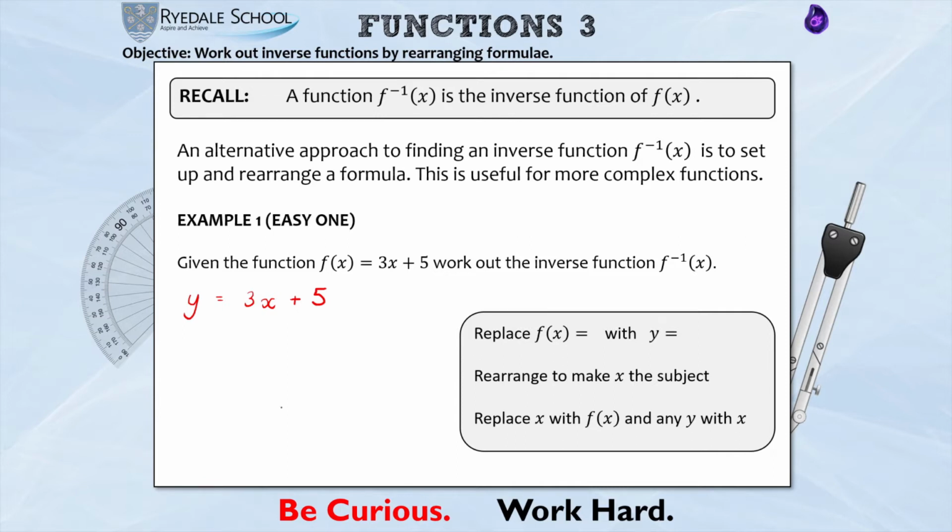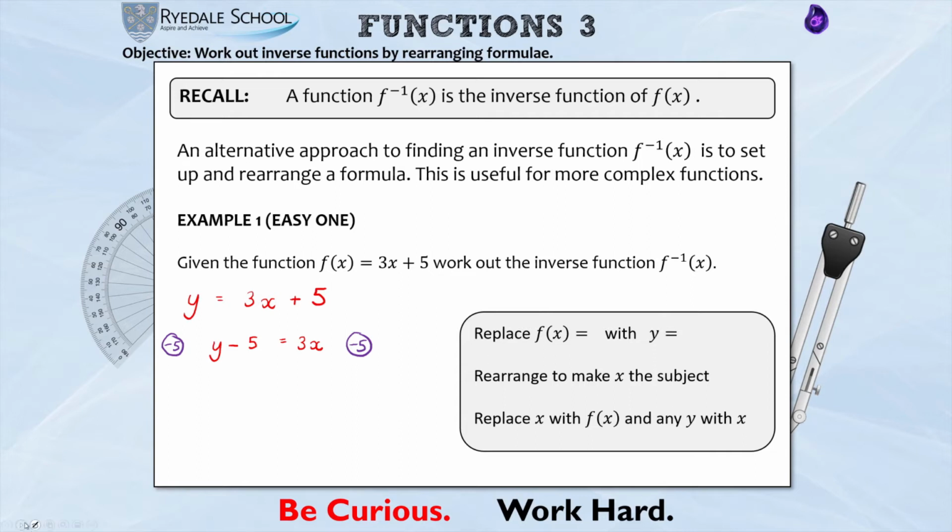So of course I am assuming that you are good at this, and we're going to use some inverse functions. The first inverse that I need to do is subtract 5 from both sides. And if I subtract 5 from both sides, I end up with y take away 5 equals 3x.